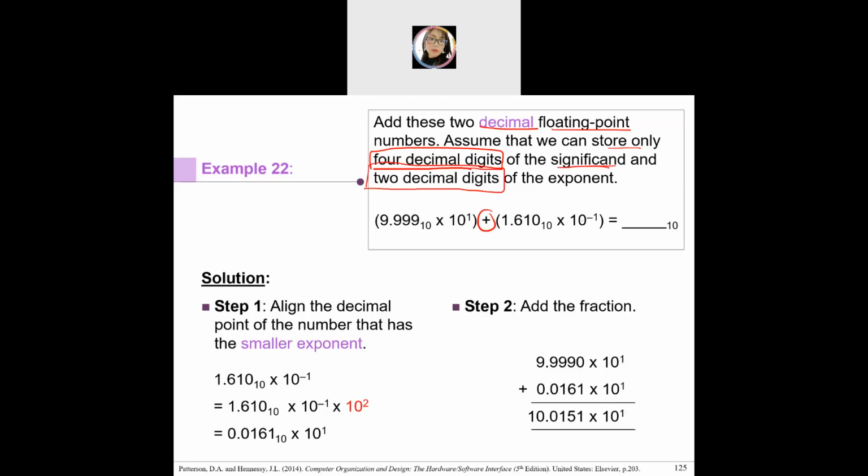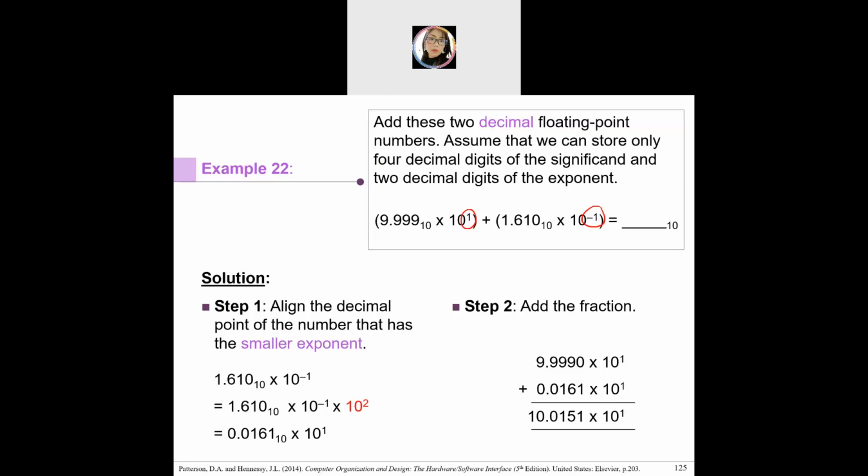Okay, let's check. Can we directly add this? Cannot. Why? Because the exponent is different. Seriously, this is secondary school, I guess. How are you going to do it? You're going to make this exponent similar. You can have a choice.